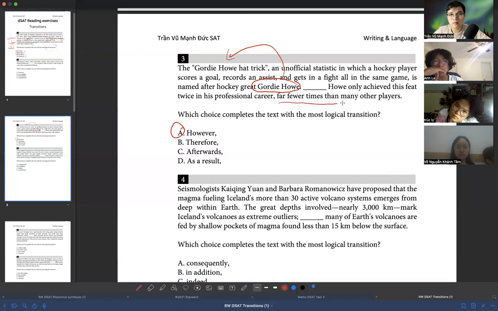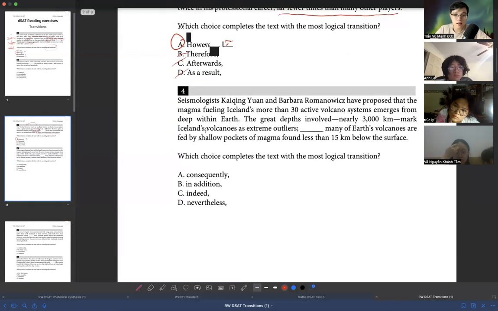So he did it unremarkably compared to the other players, but his name is the title of this hat trick. So it would be a contradicting relationship. So however is good, it is contradicting. Therefore, afterward, as a result, also are not right. So yeah, A.